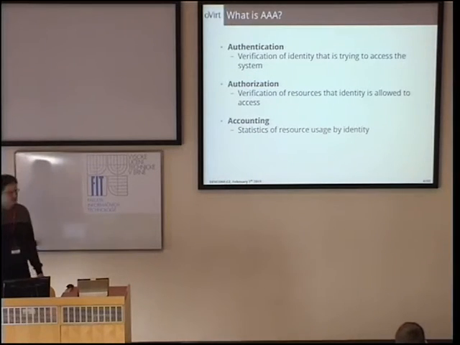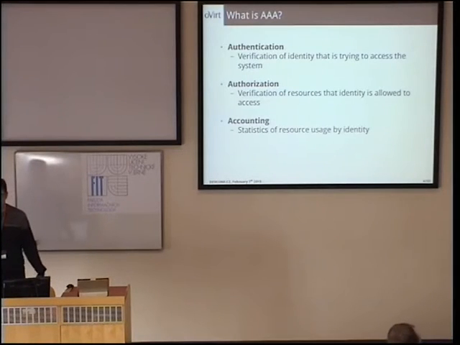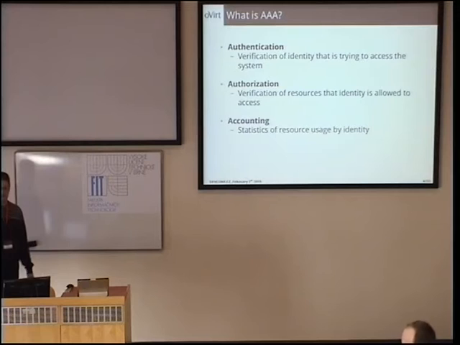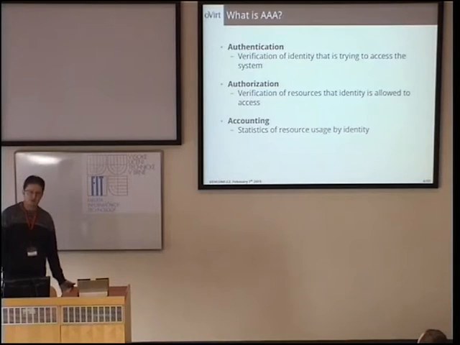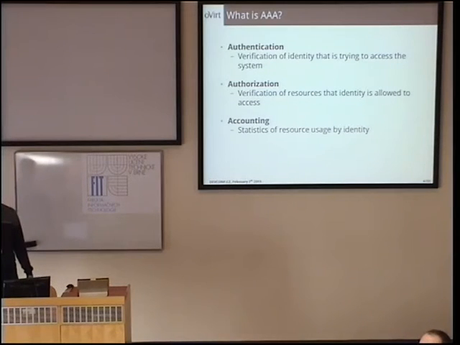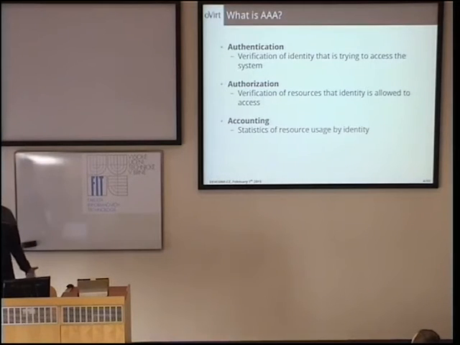It's an abbreviation for three words. Authentication is a method to verify who the user is that accesses the system. Authorization is a method to verify what rights or privileges the user has. And accounting is all about statistics and additional information on what each user did in the system.